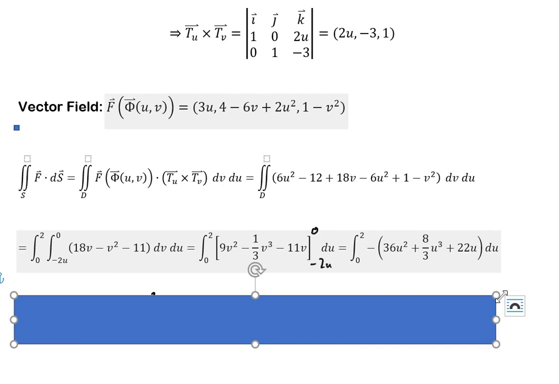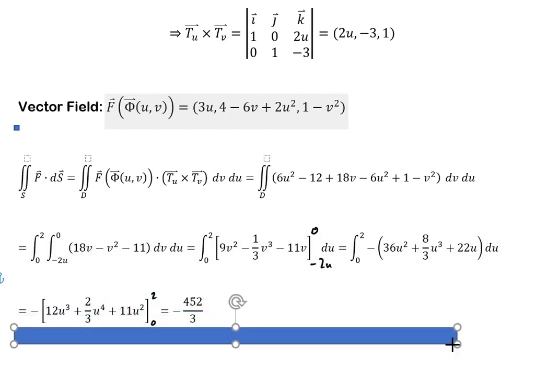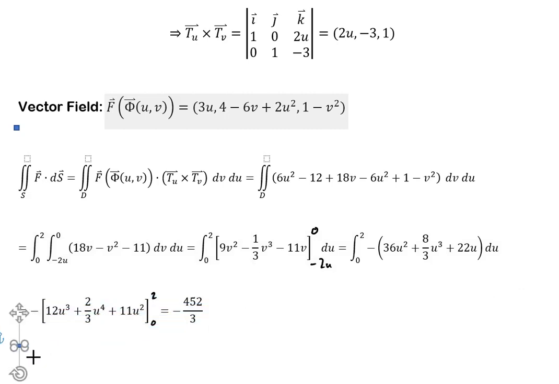Take your bottom bound of negative 2u and plug it in, and we get 36u squared plus 8/3 u cubed plus 22u. Now it's 0 minus that thing, so that's why we have minus that whole quantity. So we're going to take the integral of this with respect to u. Again, down to a basic Calc 1 type of problem here. Nothing crazy happening.